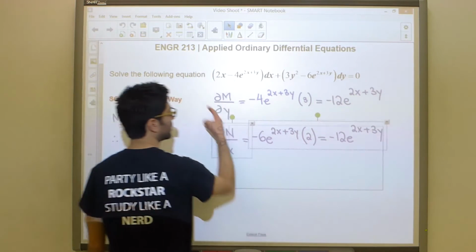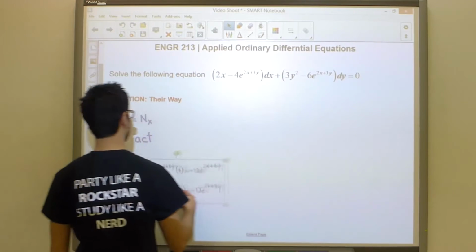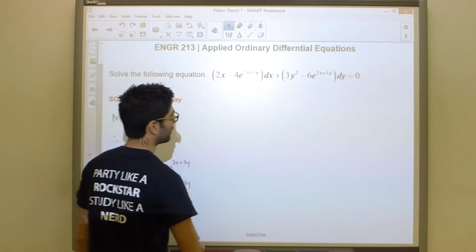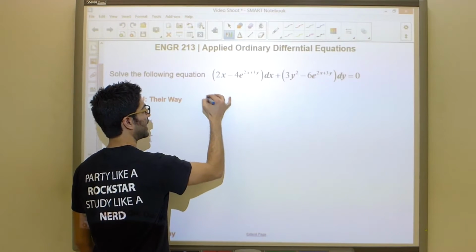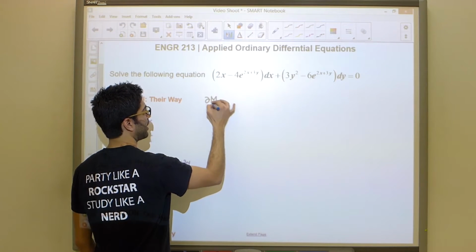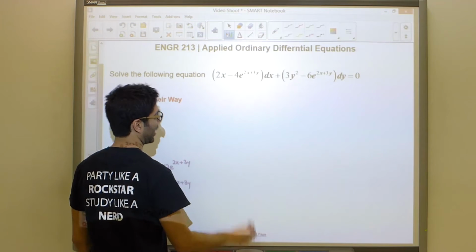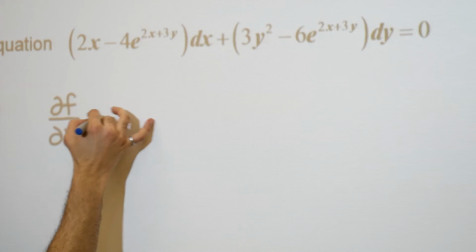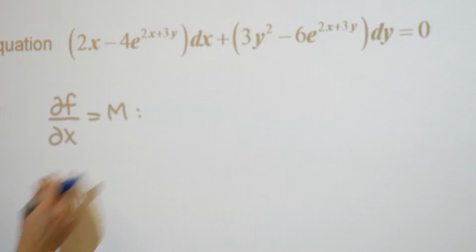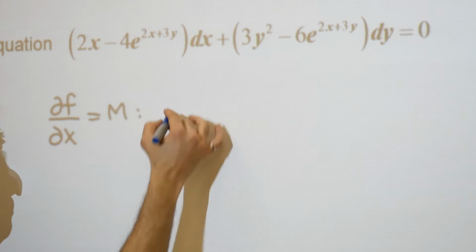Okay, now that we've discovered that this is exact, we can put this away and solve the rest of the problem right here. The first thing we're going to say is that the derivative of f with respect to x is equal to M. Using this, we're going to integrate this piece to solve for f.